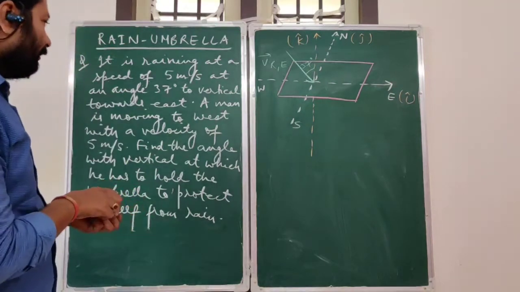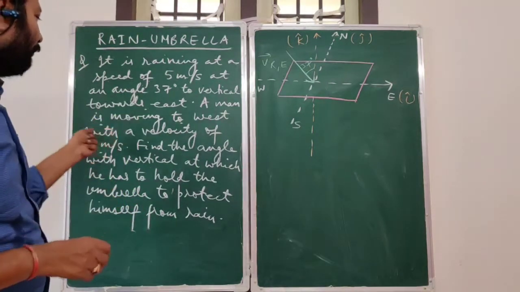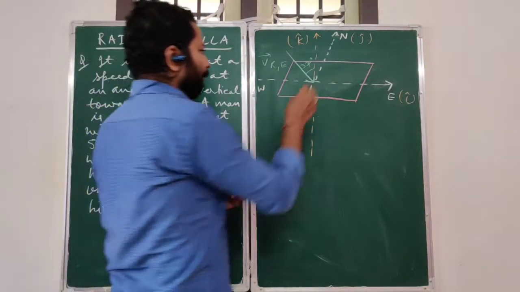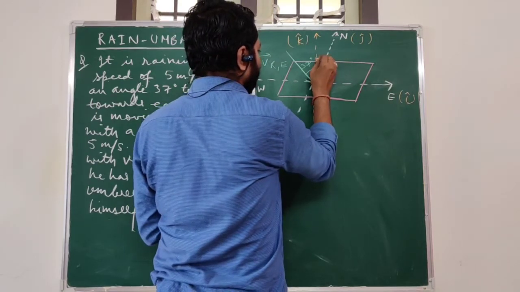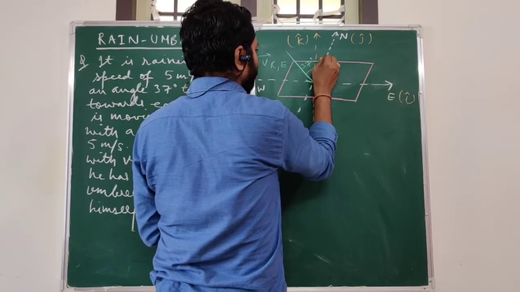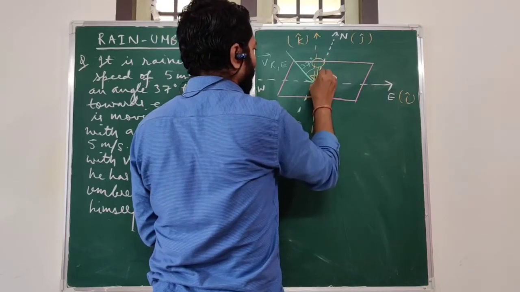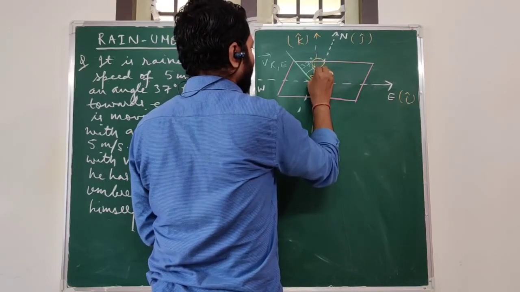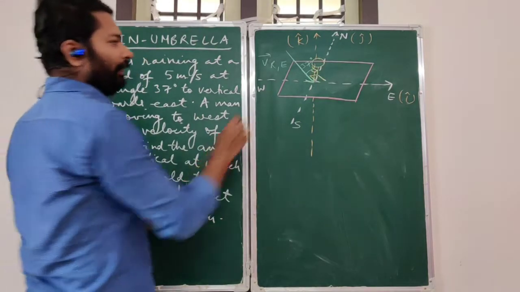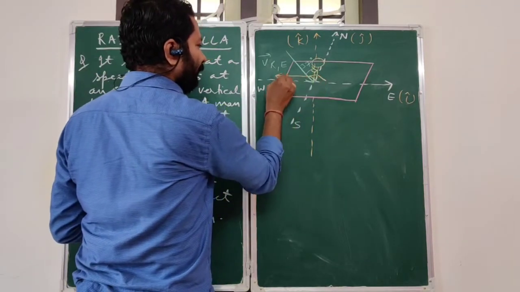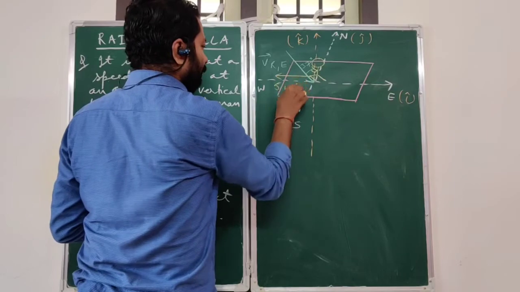Any other information? Yes, a man is moving to west with a velocity of 5 meter per second. So here is your man. This man is moving towards west with 5 meter per second.